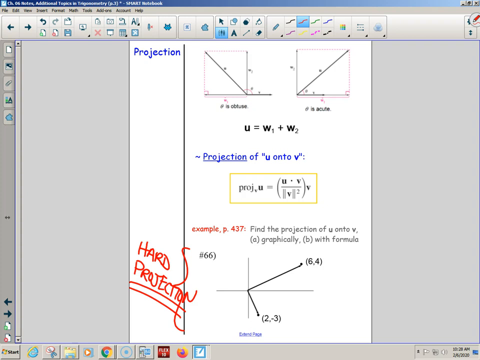I would much rather have it be something like this: you're walking downhill and you're trying to drag something with you, but it's too heavy or too awkward to drag perfectly parallel to the hill, so you have something slung over your shoulder and you're pulling it down.